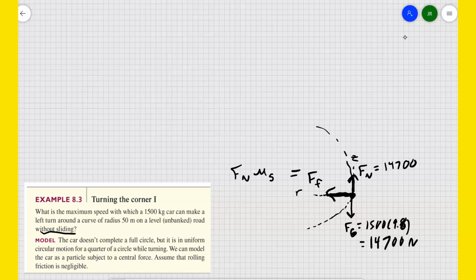And the normal force we've already determined is 14,700. And the coefficient of friction for static friction between rubber and asphalt or concrete is, let me look that up, actually 1. It's 1. So the frictional force is 14,700.